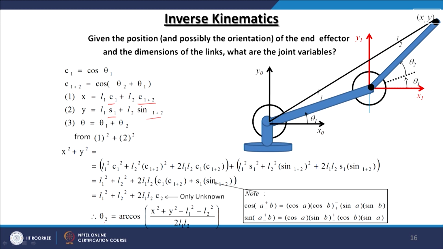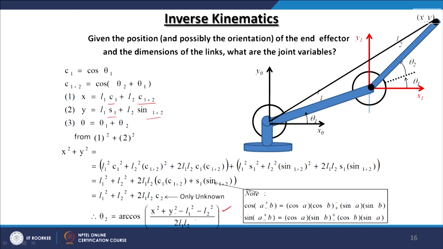From that we can get theta 2 as cos inverse of this quantity. Because x and y are given, and L1, L2 are already known to us, we can find the theta 2 value, and we can note that there are two values for this, plus or minus cos inverse of this quantity.